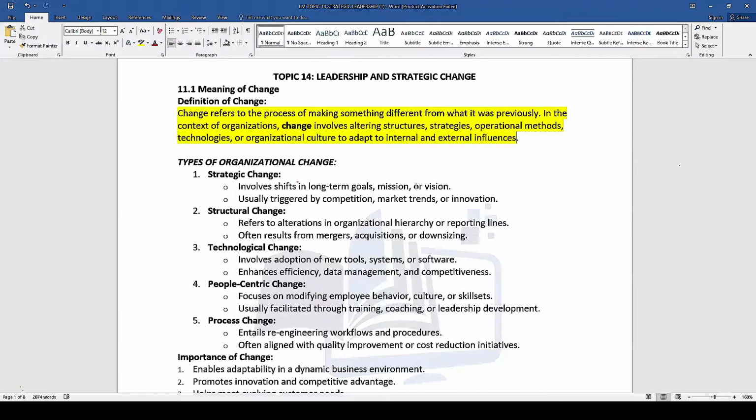Which are the major types of change that we are likely to get in the company? What are some of the major types of change within the company?